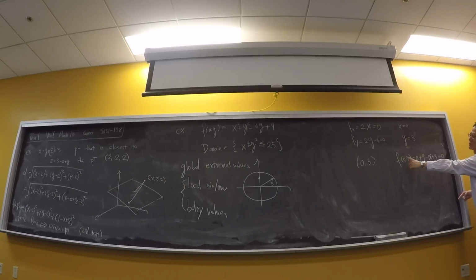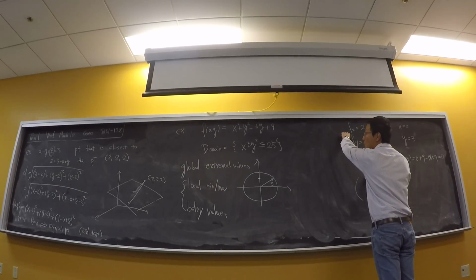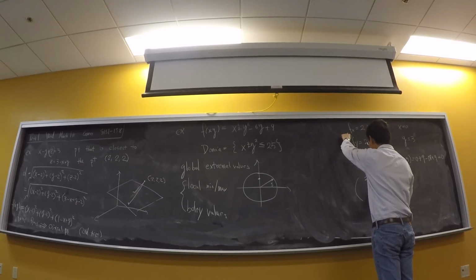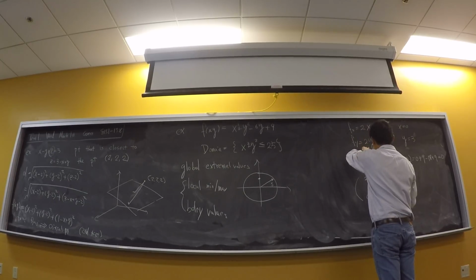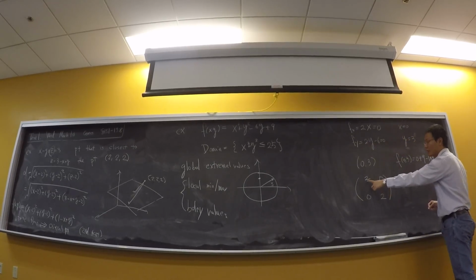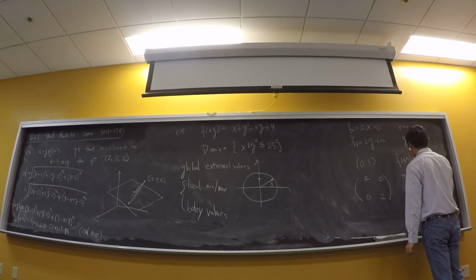I want to answer whether this 0 is a local maximum or local minimum by the second order derivative test. fxx is equal to 2, fxy is equal to 0, fyx is equal to 0, fyy is equal to 2. So this is my matrix. The determinant is positive, first entry positive, so 0 is a local minimum.